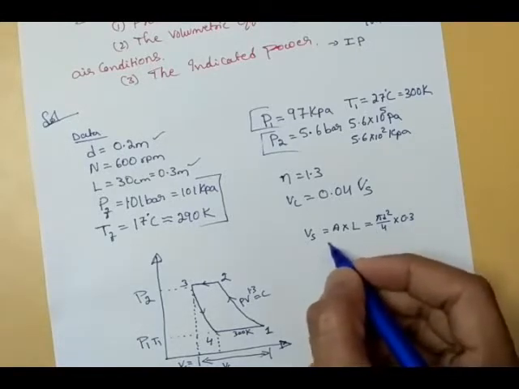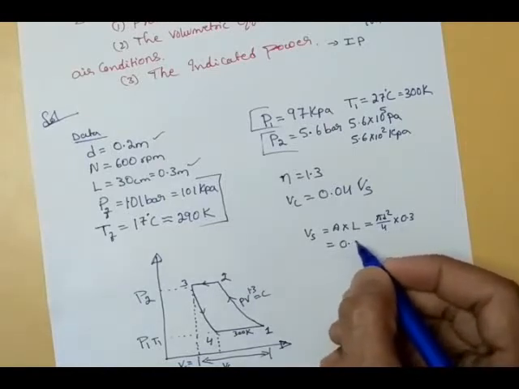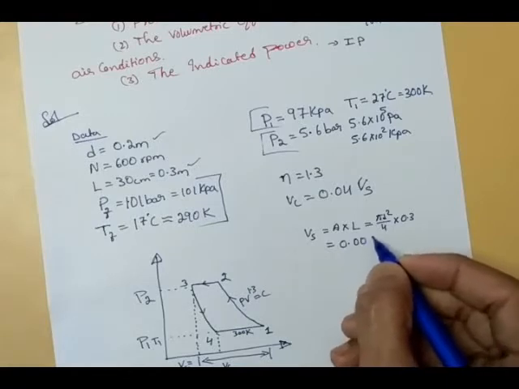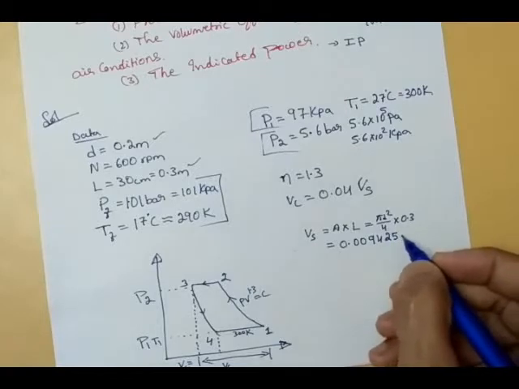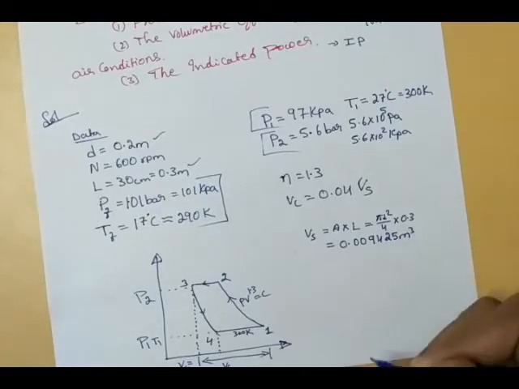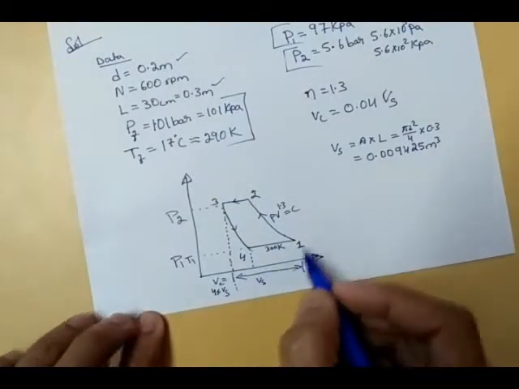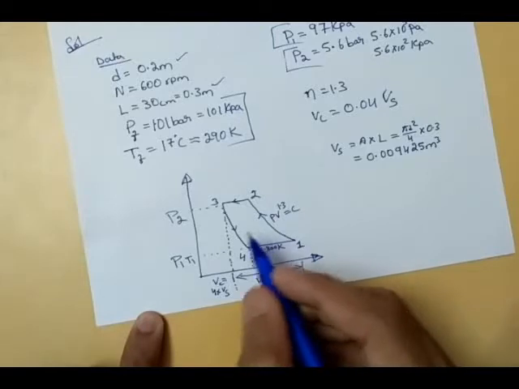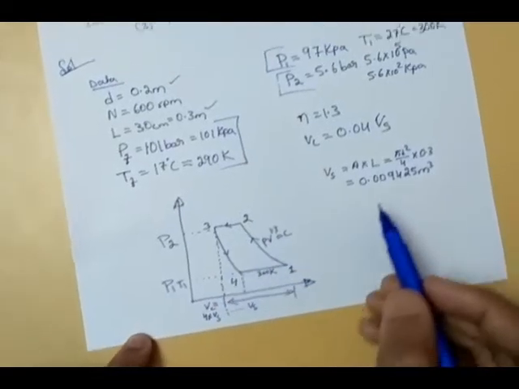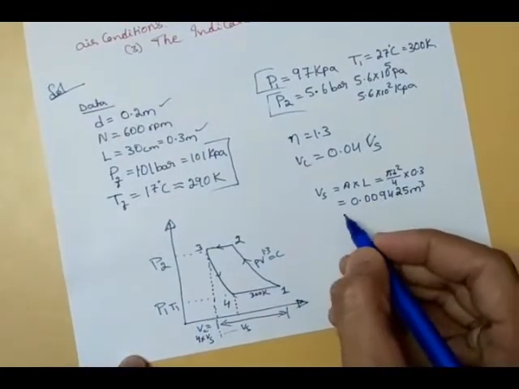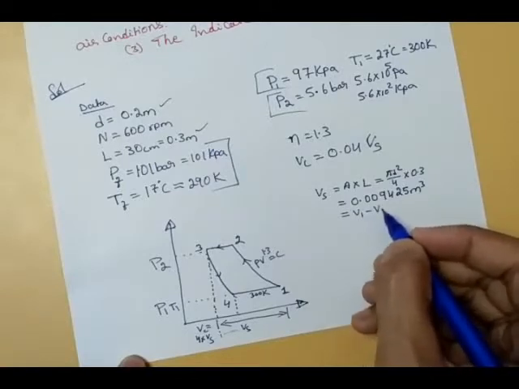So the answer we get is 0.009425 meter cube. What is this volume? This volume is stroke volume, Vs, from 1 to 3. So this total length is Vs. Vs is equal to V1 minus V3.